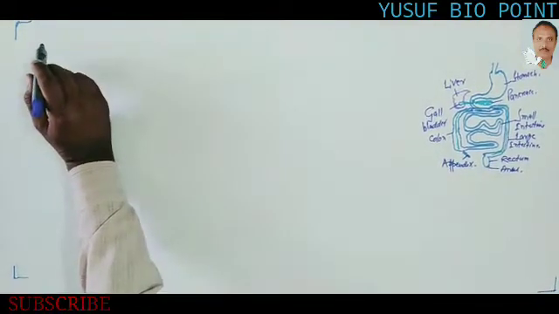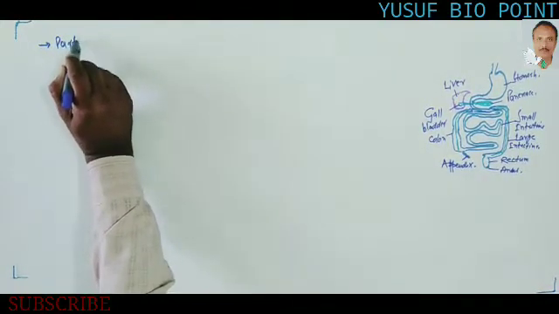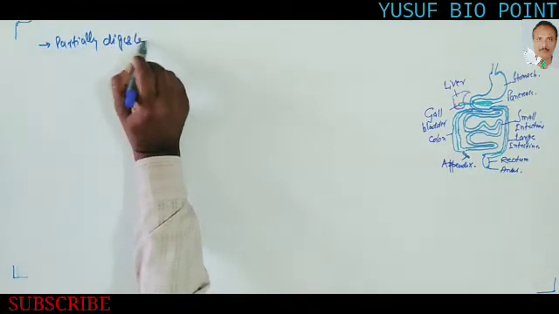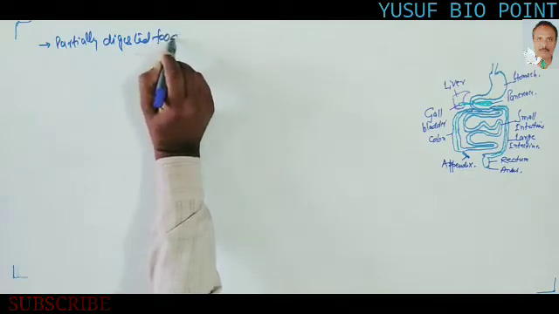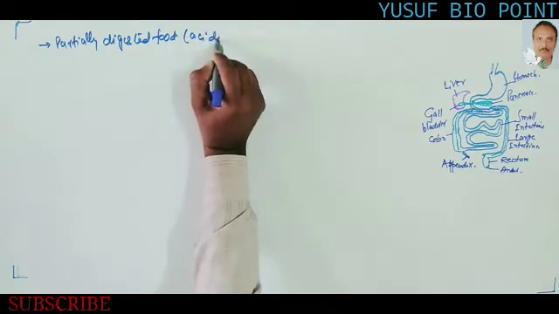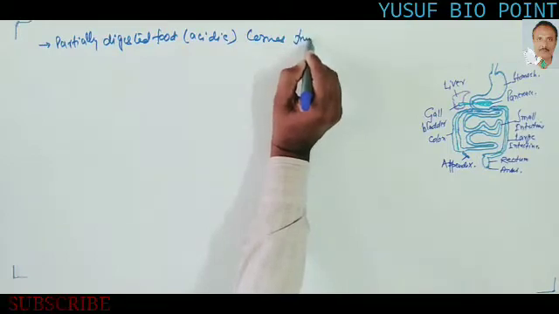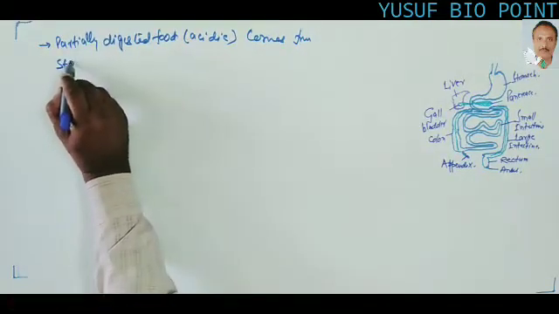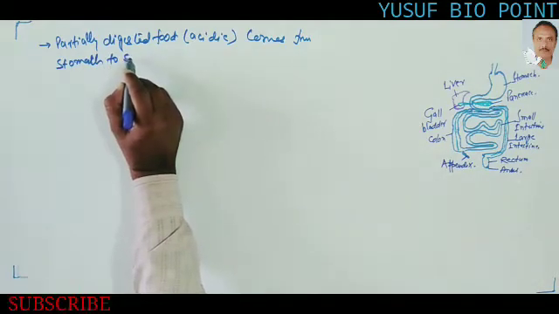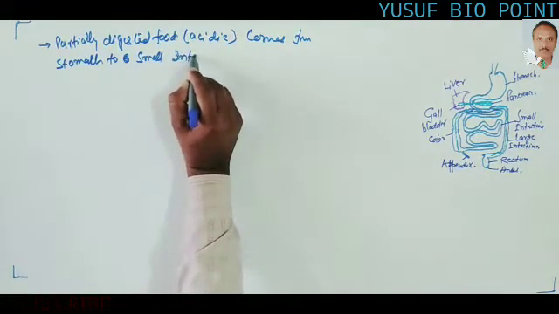Now the digestion in the small intestine. First one, partially digested food which is acidic in nature comes from the stomach to the small intestine.